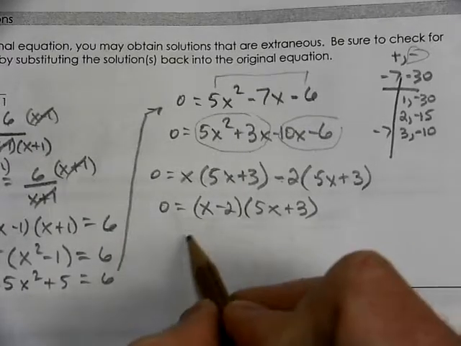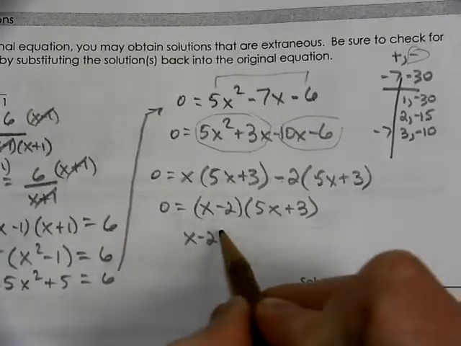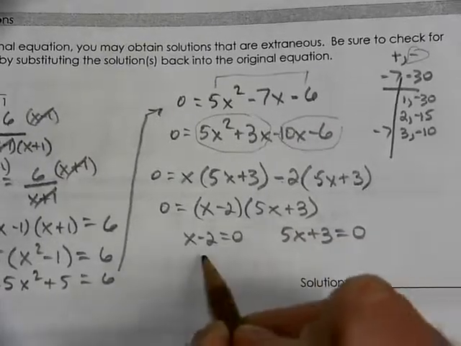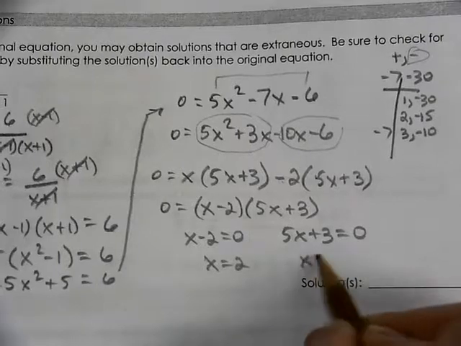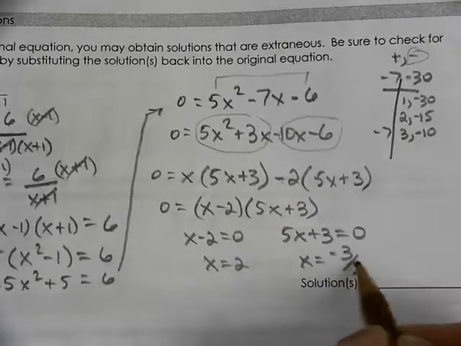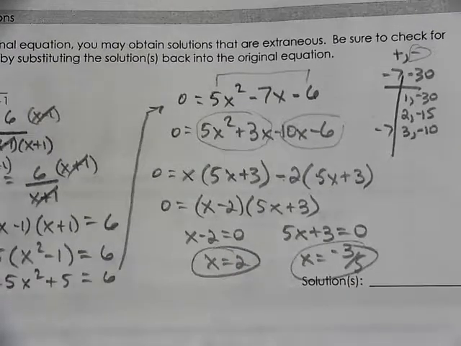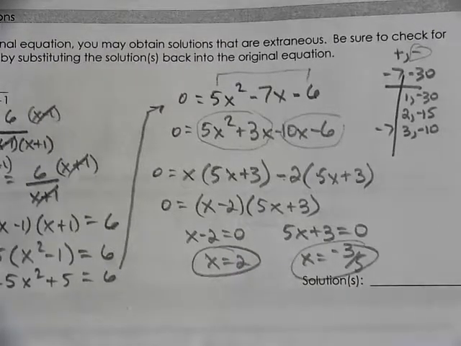The zero product property tells us to set this up equaling both of these to 0. So x equals 2 and x equals negative 3 over 5. We can check those answers by plugging them back in.